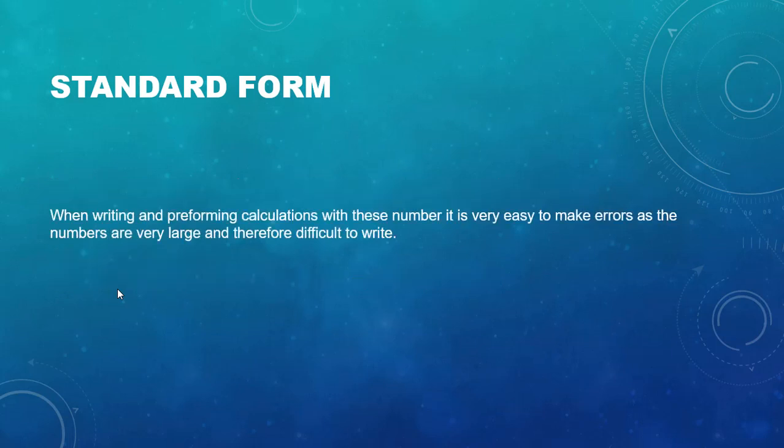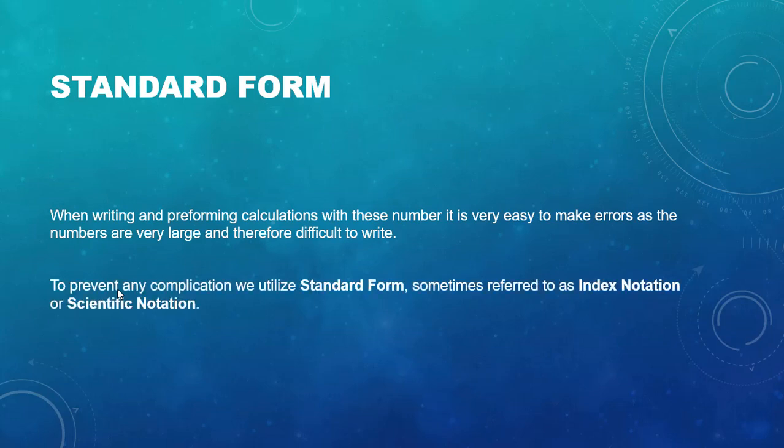So whenever we're in a case like that, we are prone to make errors. When writing and performing calculations with these very large or very small numbers, it is easy for us to make errors, and the numbers are also very difficult to write.